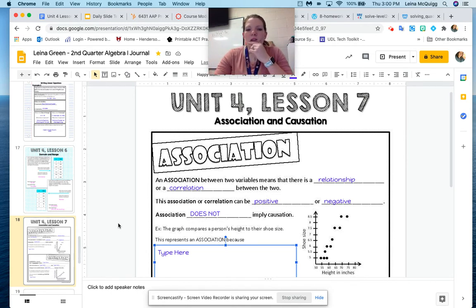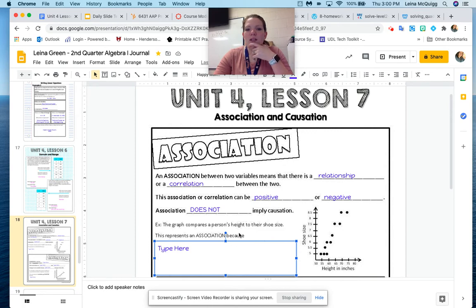The graph compares a person's height, so x is their height, to their shoe size, y. This represents an association because these two things are related, right? If somebody's really tall, it makes sense that their feet are bigger.